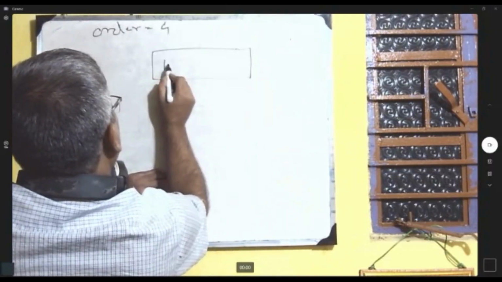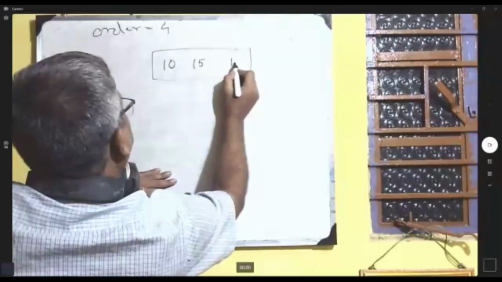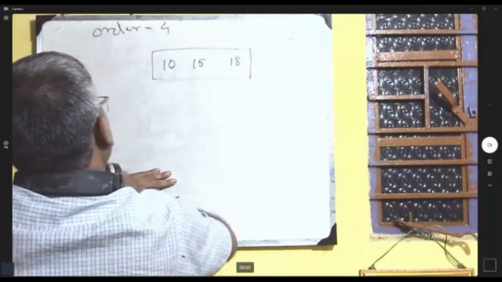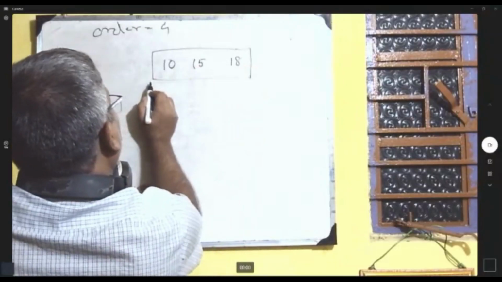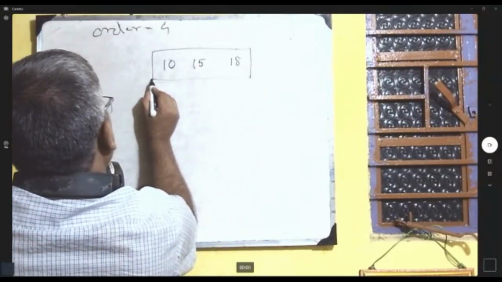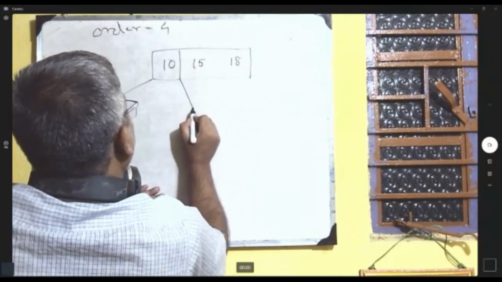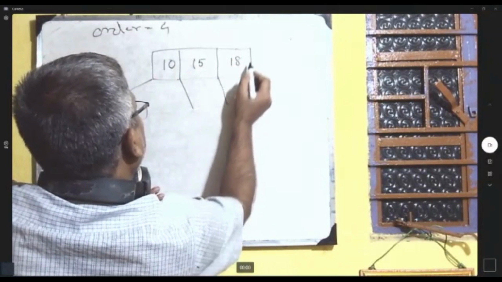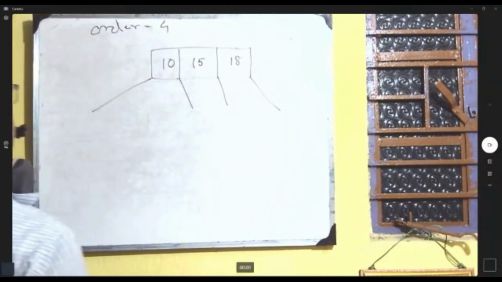Suppose the values I am entering are 10, 15 and 18, which I have already entered at the first node of the B-tree. So 1, 2, 3, 4: 4 children will be generated from this node.